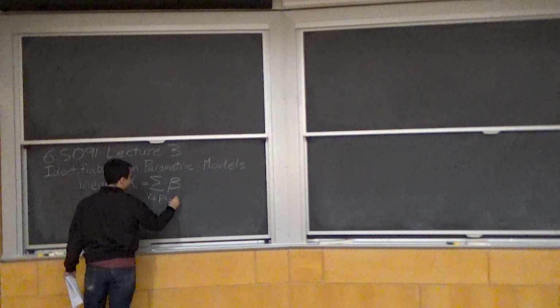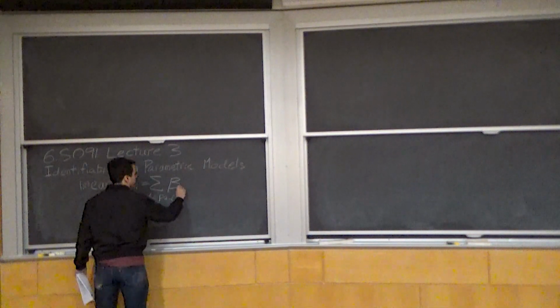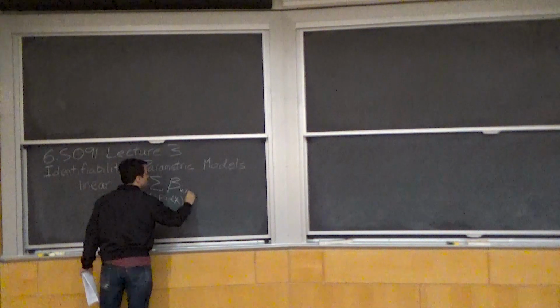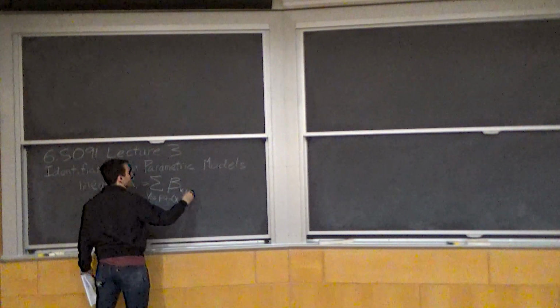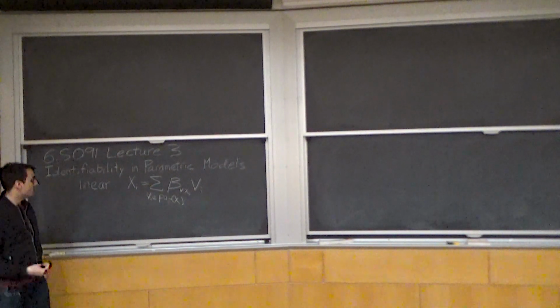So that's parents in G tilde, xi, and then they're each going to have some weight coefficient, beta vi xi. This is in the case of Markovian models.